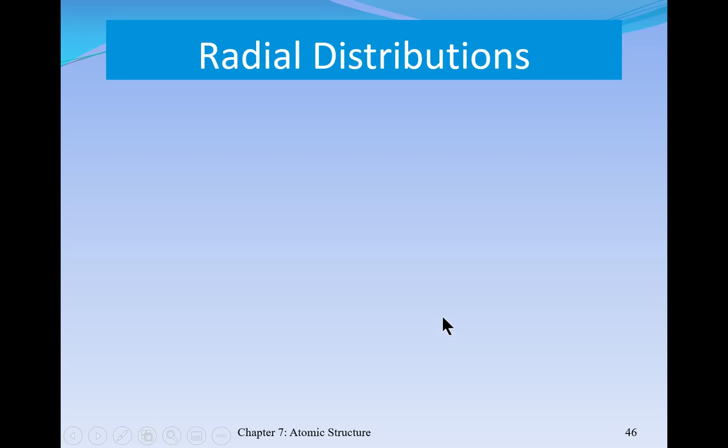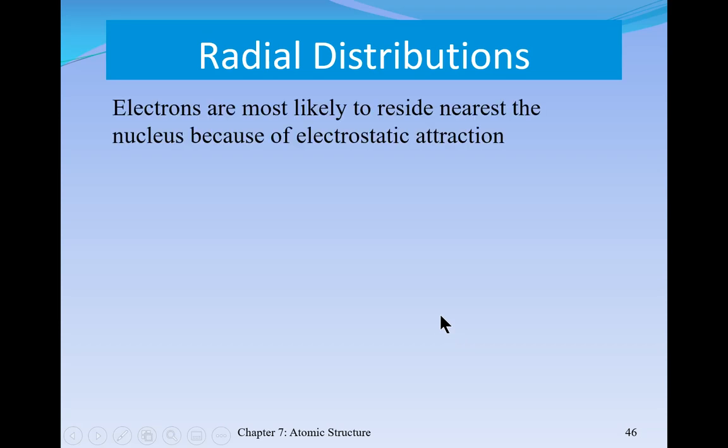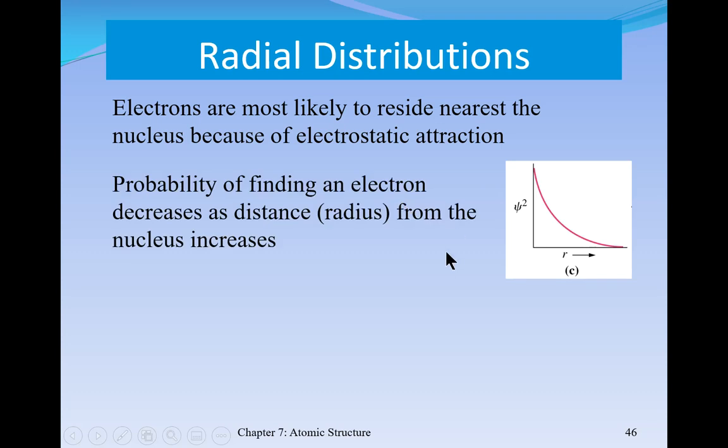Okay, in terms of the actual shapes of these orbitals, what you'll find is that the shape is, of course, dependent on the wave function. And if you plot the square of the wave function versus the distance of the electrons away from the atom, you'll get a curve like this. Now, I think, if I'm not mistaken, this is for the first shell, where n is equal to 1.